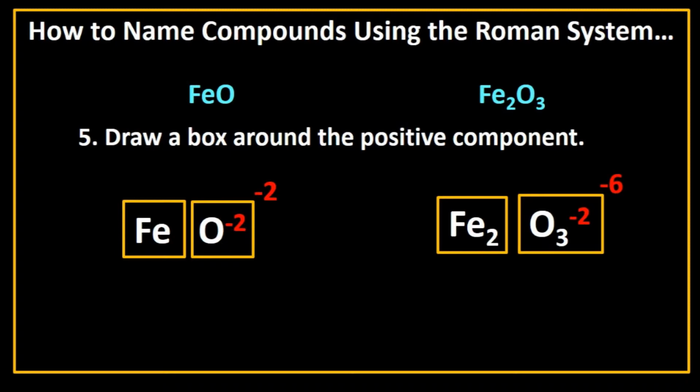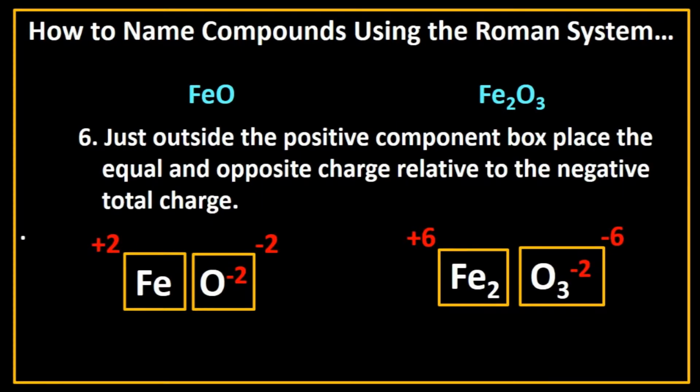So now you have FeO with a -2 charge on the negative component and Fe2O3 with a -6 charge on the negative component. You want to, just outside the positive component box, place the equal and opposite charge relative to the negative total charge. So in the case of FeO, that'll be +2.